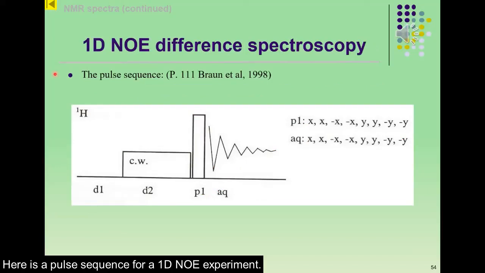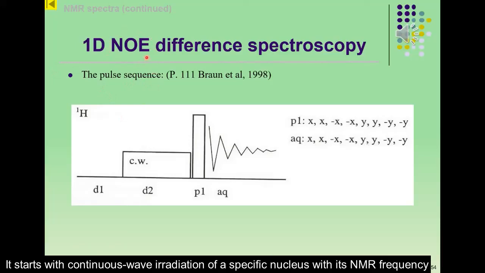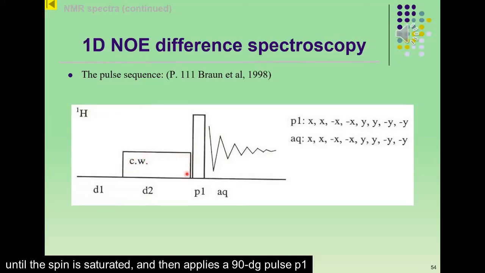Here is the pulse sequence for a 1D NOE experiment. It starts with continuous irradiation of a specific nucleus at its NMR frequency until the spin is saturated.